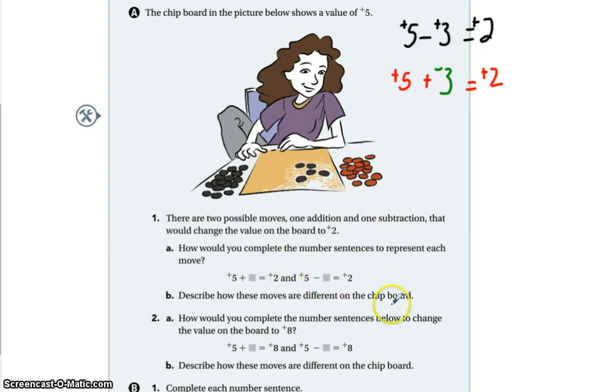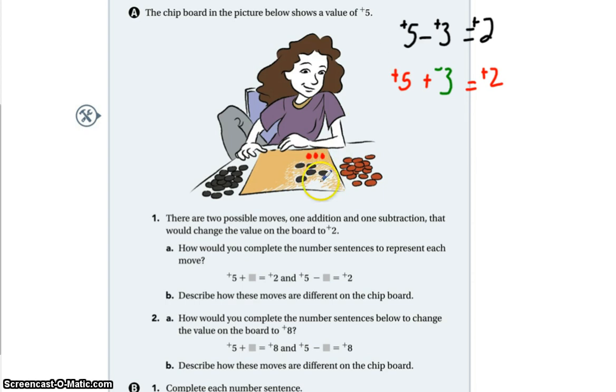Okay. Now, these moves are different on the chipboard because in order to get the subtraction of the positive 3, on the chipboard, we would just have to remove 3 chips to where we're left with 2. Okay? Now, that would take care of the 5 minus 3. The other way, since we do not have any negatives on here, we would bring in, adding a negative 3, we would add 3 red chips.